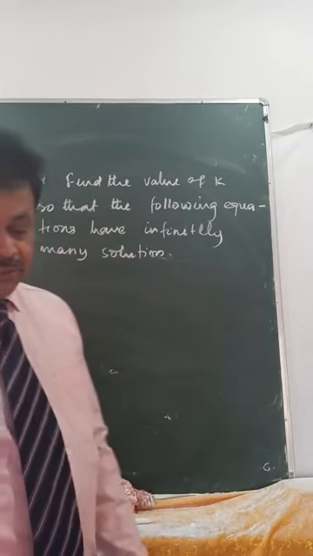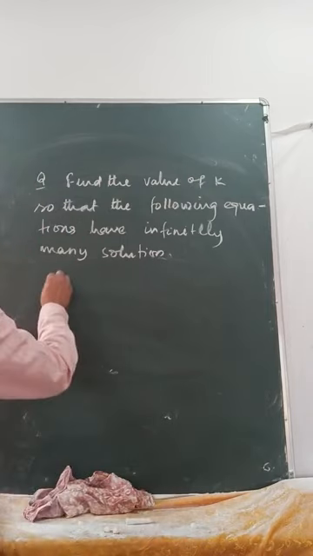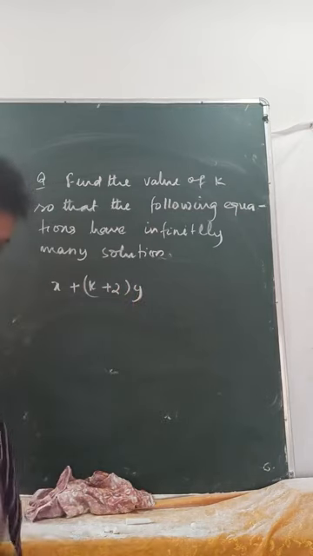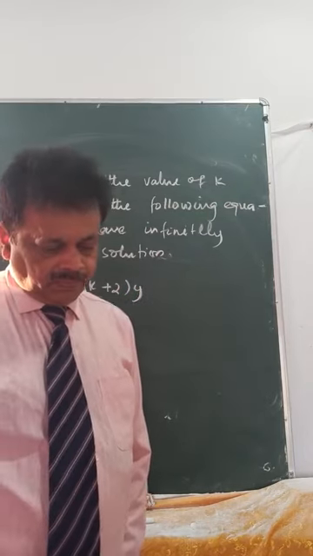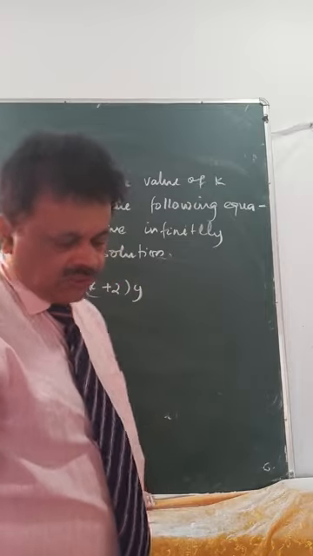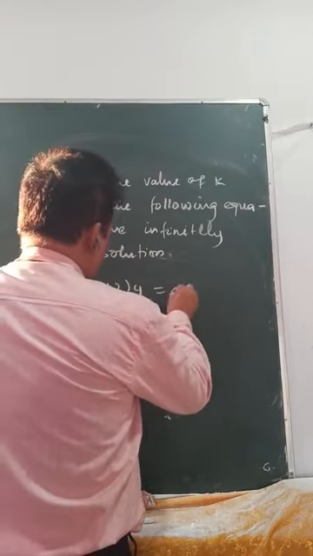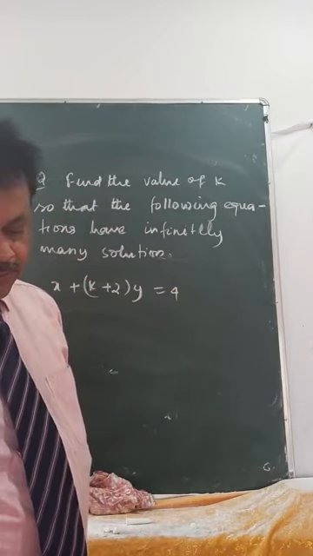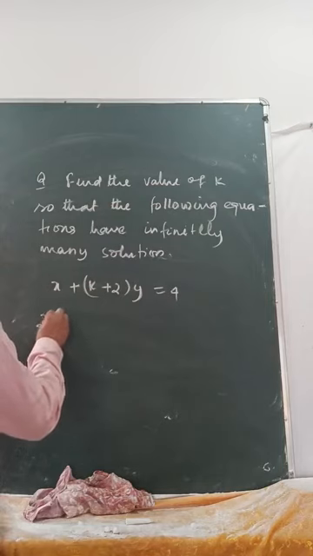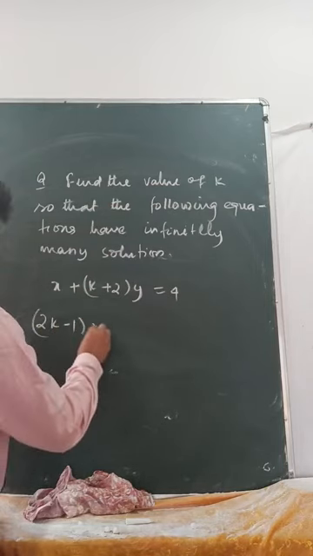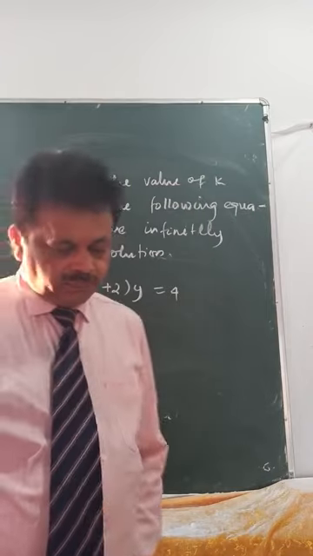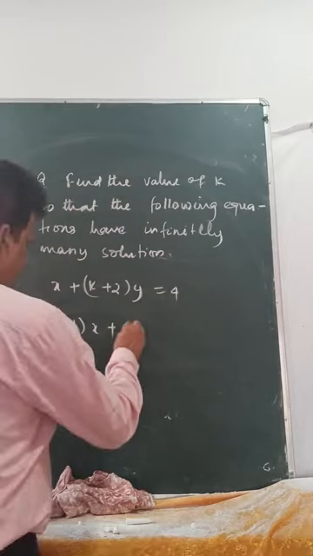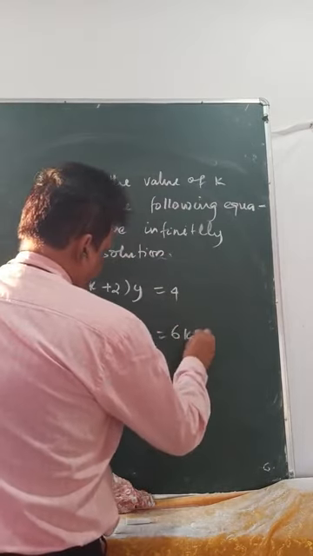The equations given to us: x plus (k + 2)y equals 4. The second equation is given to us: (2k - 1)x plus 2y equals 6k + 2.